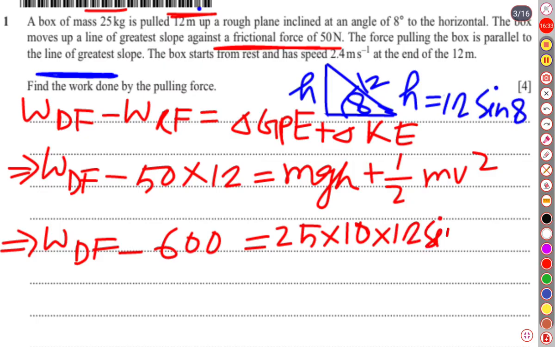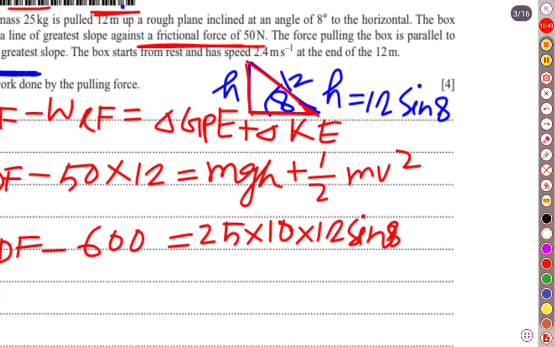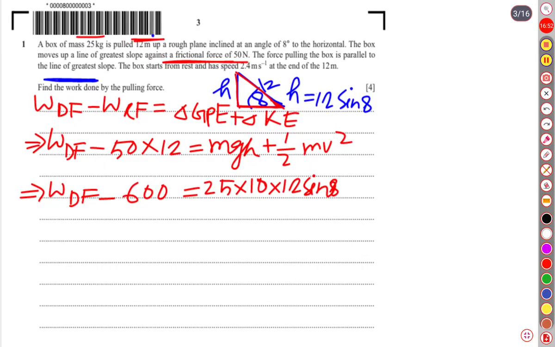Initially this was the horizontal line, height was 0, then finally height was h, and h is equal to 12 sine 8 degrees, plus half times the mass of the box, 25, times the velocity, which is given here as 2.4 meters per second.